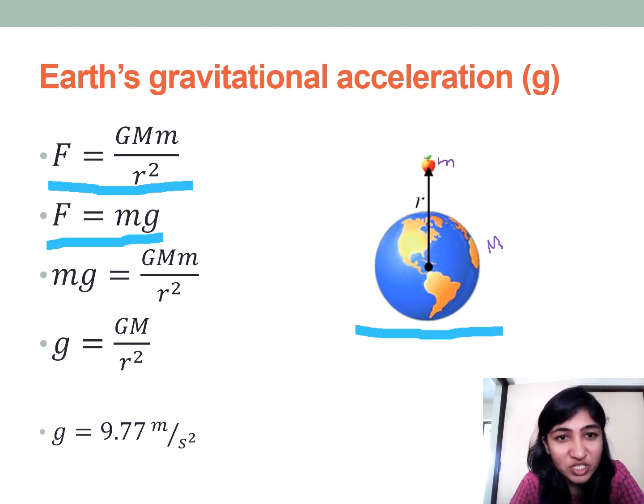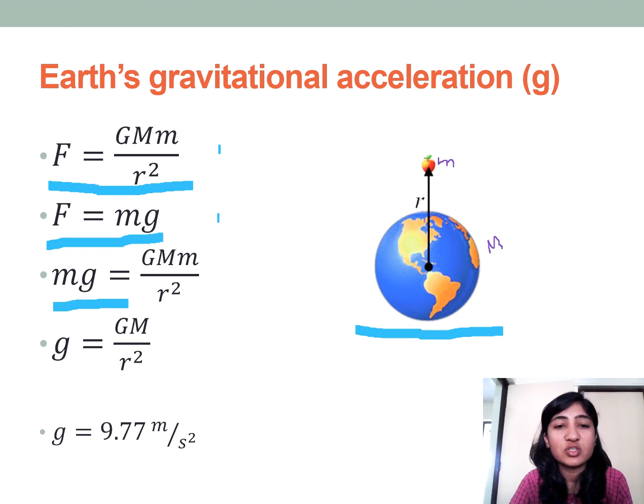So F is equal to GMm upon r square is the first equation, and F is equal to mg is the second equation. We can equate both of them and we get mg is equal to GMm upon r square. This m gets cancelled and we get small g is equal to GM upon r square.